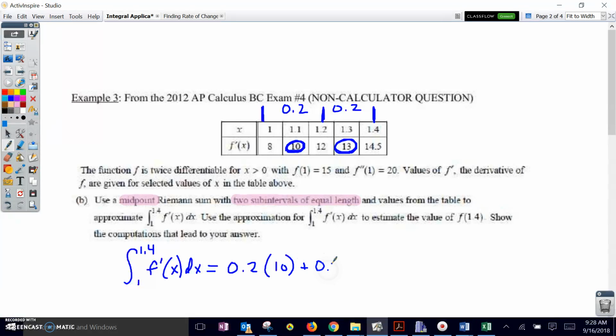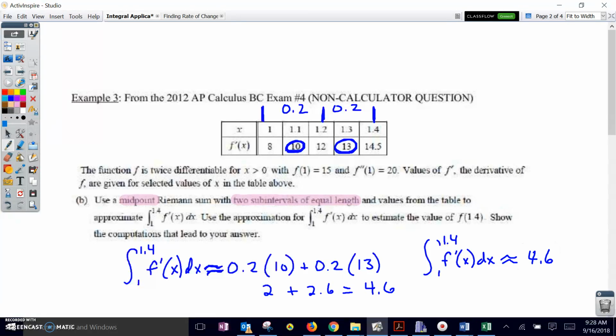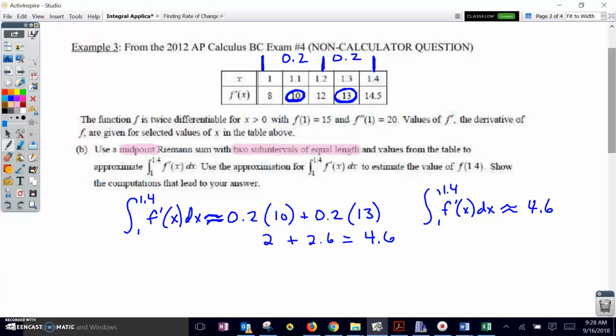So the area of that rectangle is going to be 0.2 times 13. And so that's equal to 2 plus 2.6. And so, putting approximate signs there, we're going to get that the integral from 1 to 1.4 of f prime of x is approximately 4.6.